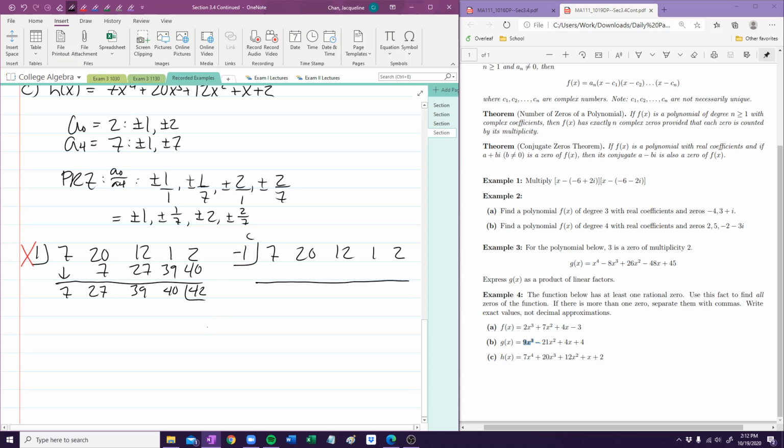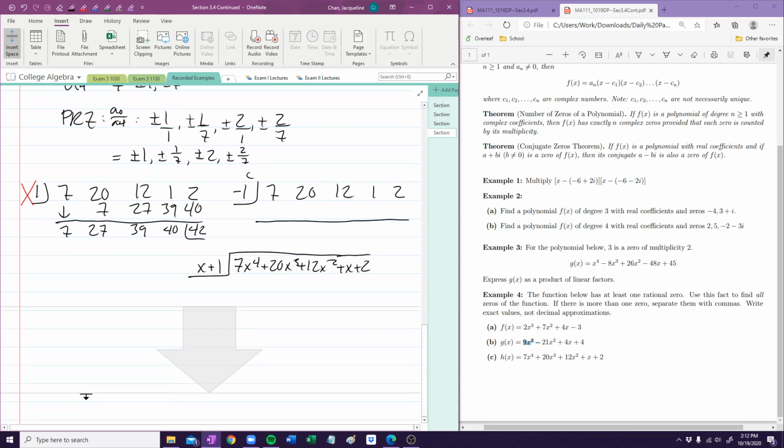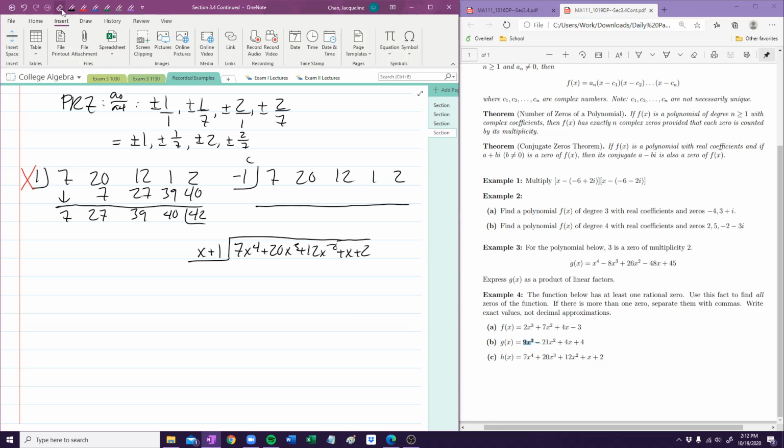So x minus c would have been x plus 1, so it would look like this, and then your 7x to the 4th plus 20x cubed plus 12x squared plus x plus 2. Okay, you could do it that way as well. But I like synthetic division because I think it is a lot faster.